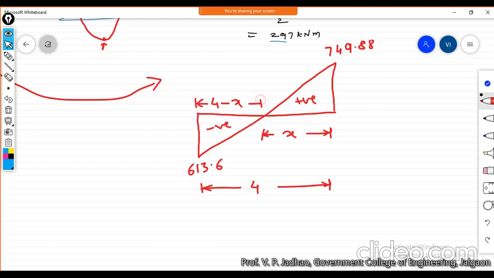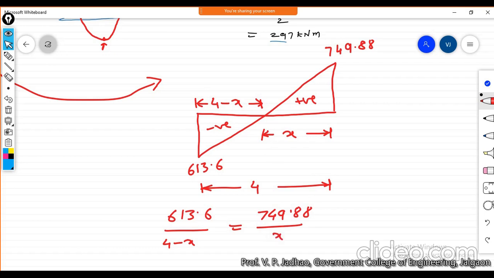By using similarity of triangles, we can say that 613.6 divided by 4 minus x will be equal to 749.88 divided by x.